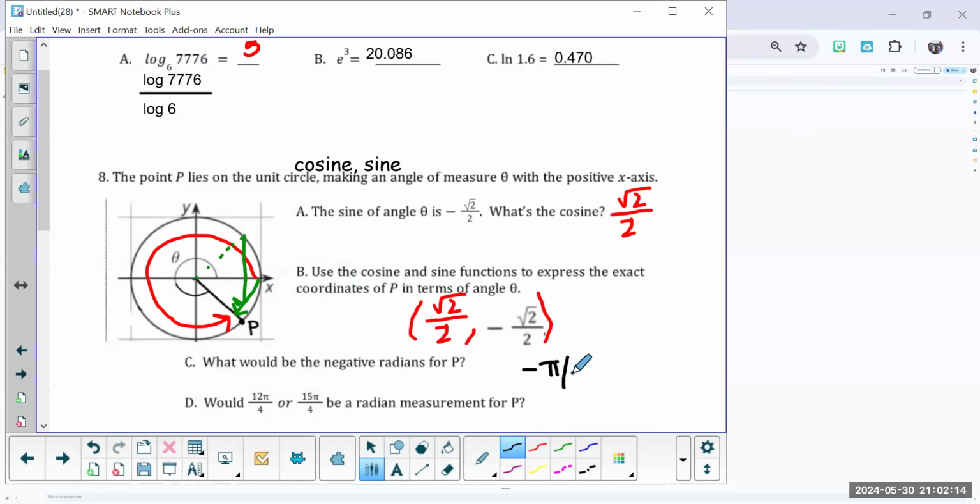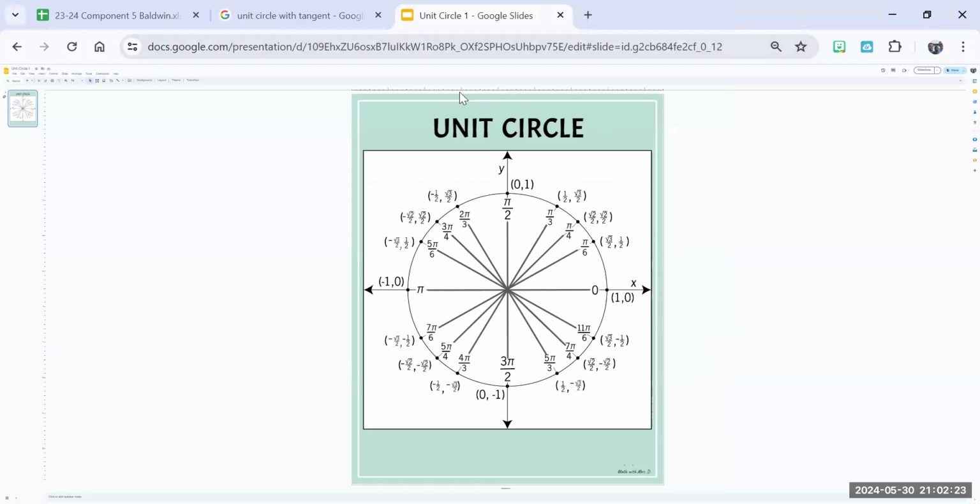Right, and then if we went all the way around and then went one more time around the circle, would it be 12 pi over 4 or 15 pi over 4? Again, looking at a unit circle, when we go all the way around, this would be pi. This would be 2 pi.